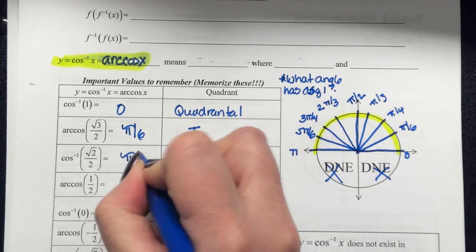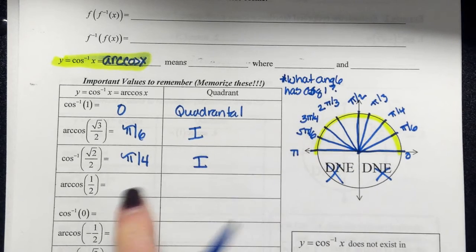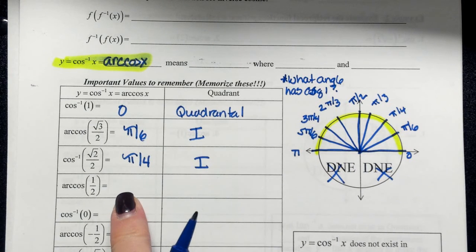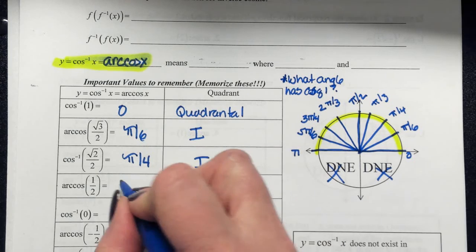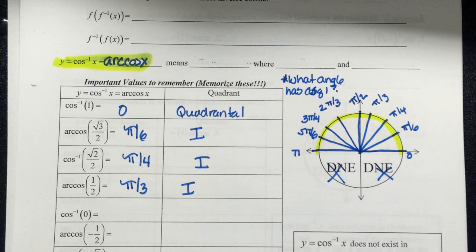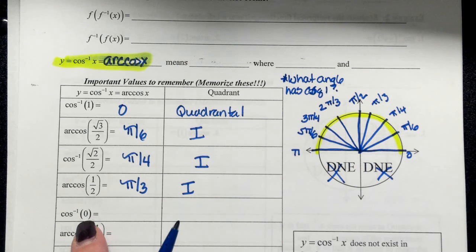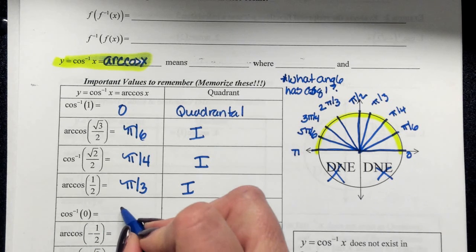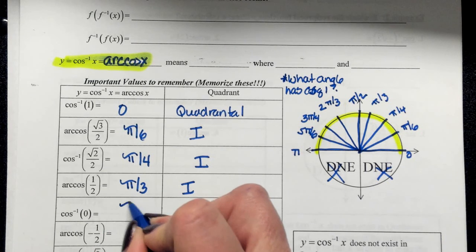Pi over 4. Arc cosine of a half. What angle has that cosine value of a half? Pi over 3. So that takes care of all the angles in quadrant 1. Inverse cosine of 0. So what angle has that x-coordinate of 0? That's going to be at pi over 2.